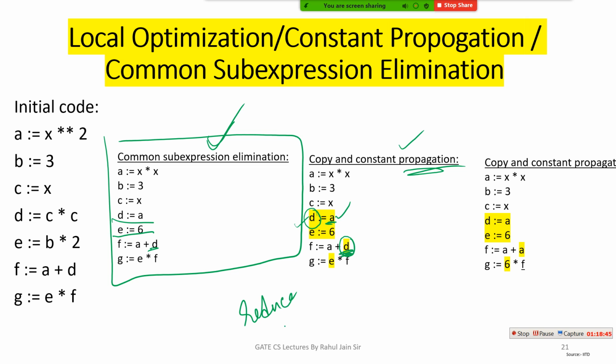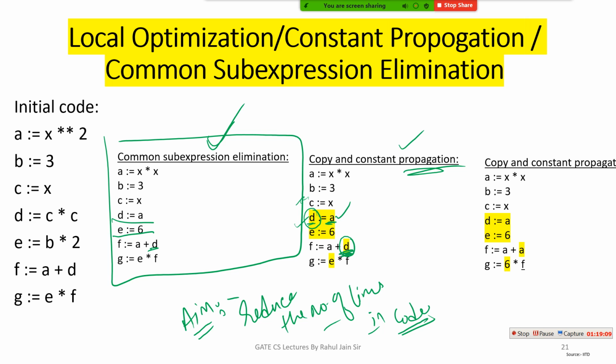The ultimate aim of optimization is to reduce the number of lines in code. That is why whatever exists on the left hand side, if it can be reduced on the right hand side, that would be better.